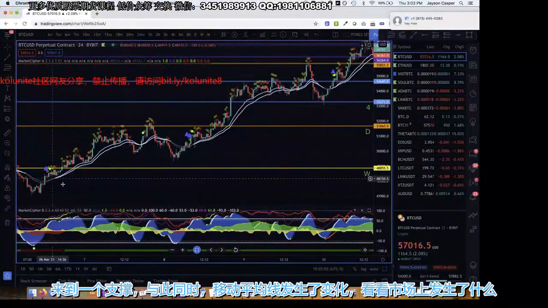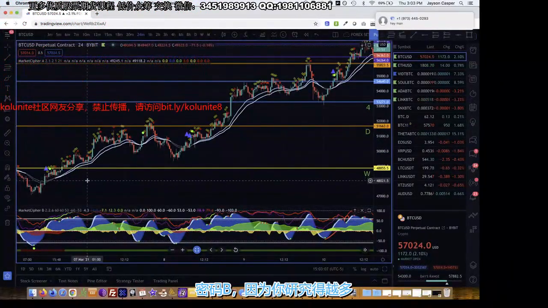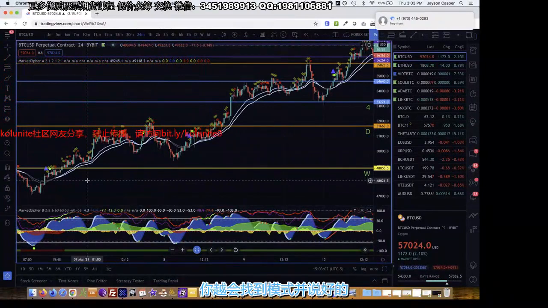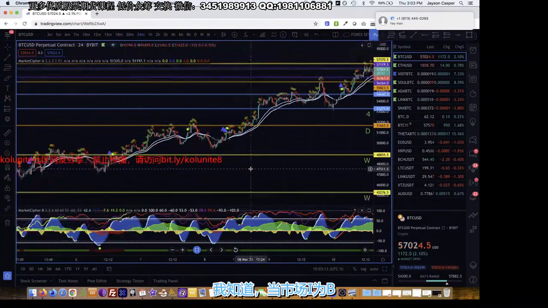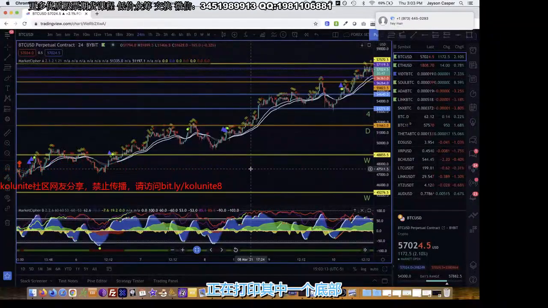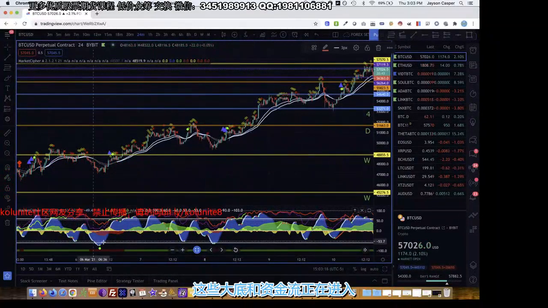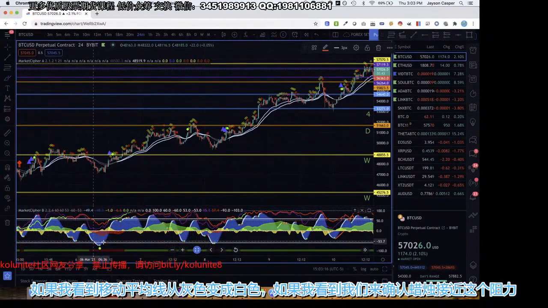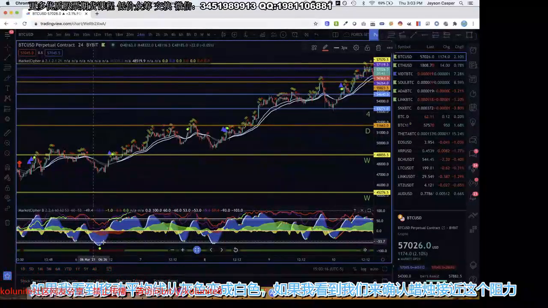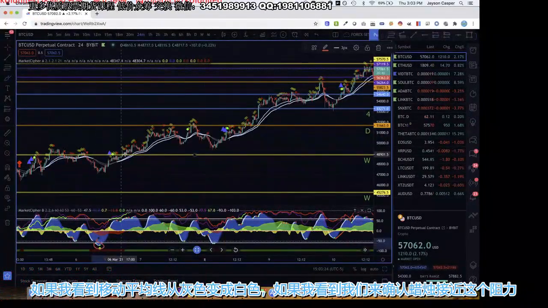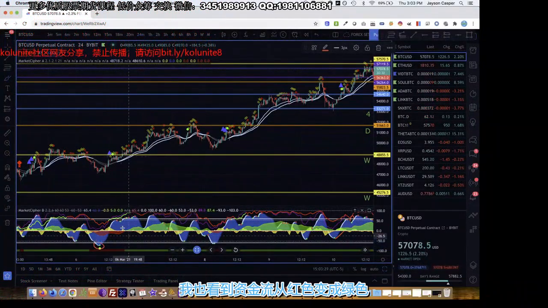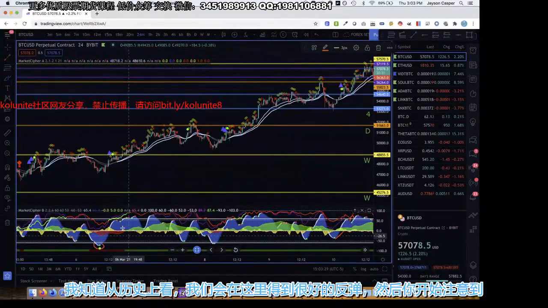Look at what was happening on Market Cipher B, because the more you study this stuff, the more you're going to find patterns and say, okay, I know that when Market Cipher B is printing one of these big bottoms, and the money flow is coming into the red, if I see the moving average turn from gray to white, and if I see us confirm a candle close over this resistance, and I also see money flow clearly turning from red to green, I know historically we're going to get a nice bounce here.